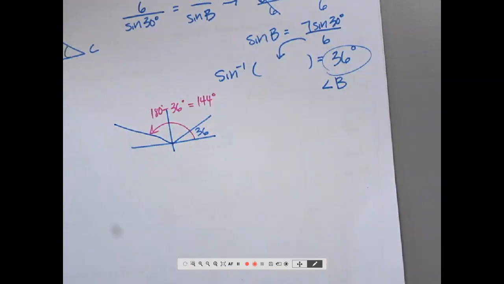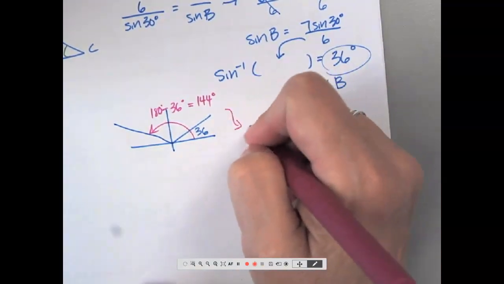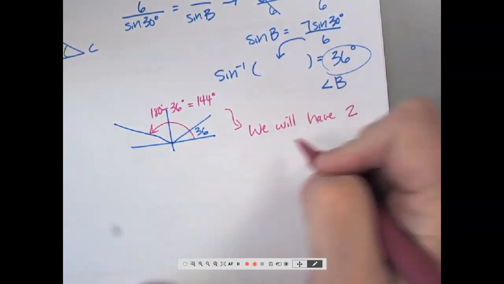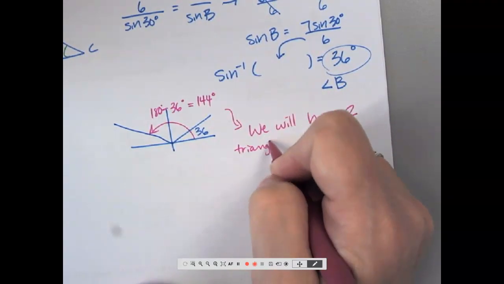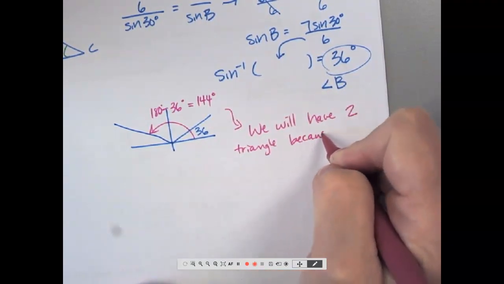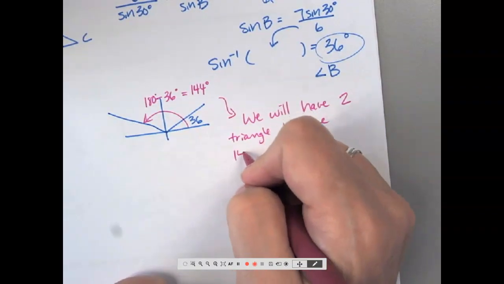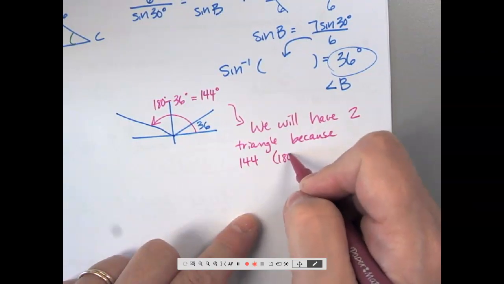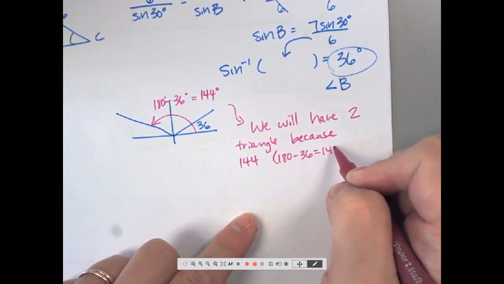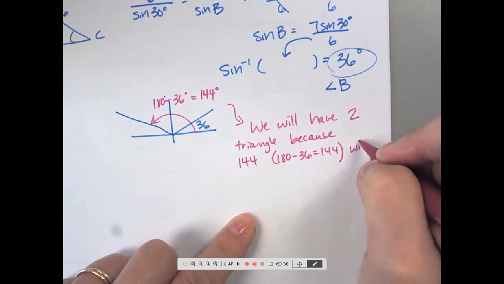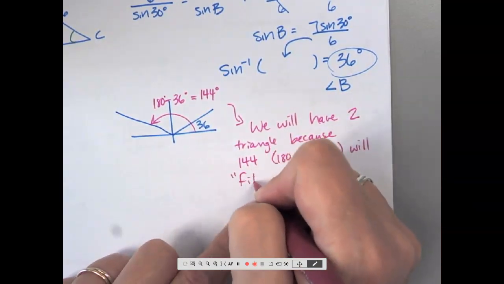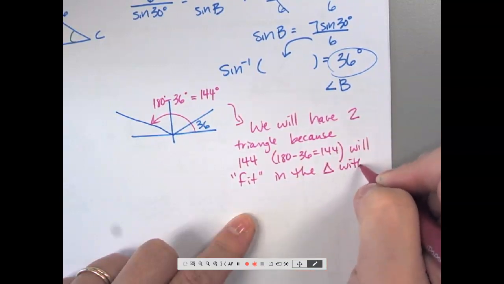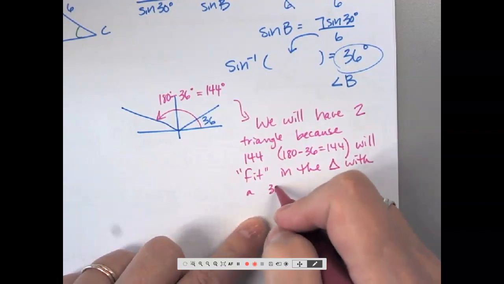Okay? All right, so let me write this down. So we will have two triangles because 144, which was the supplement of 36, 180 minus 36, will fit in the triangle with a 30-degree angle.